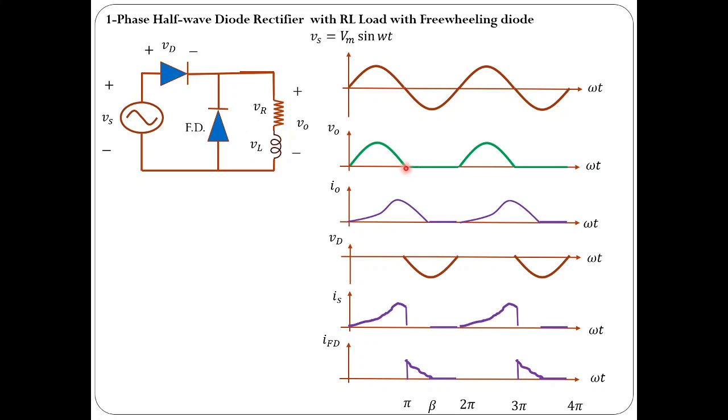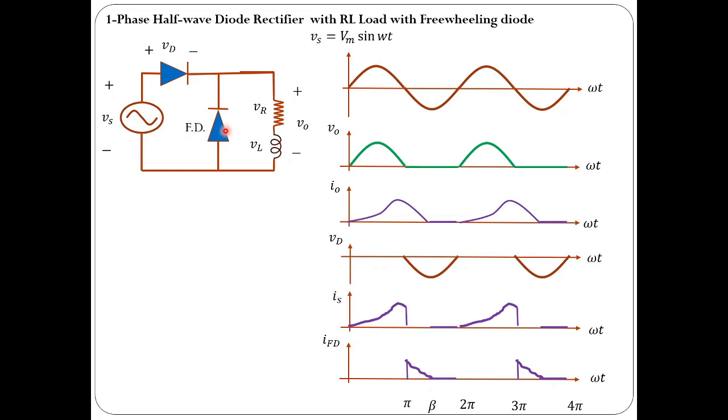So the average value of the load voltage becomes less. But by connecting the freewheeling diode, we avoid that negative portion, so the average value of the load voltage would be more. That is the main purpose of connecting this freewheeling diode.